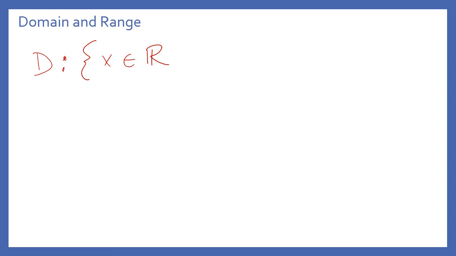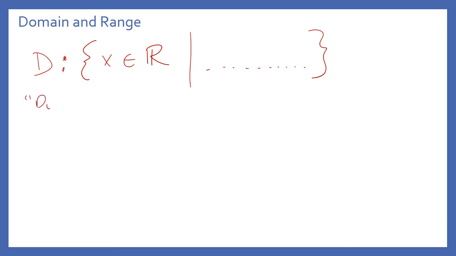So X, that E looking symbol, and then a capital R, and then a line, and then you fill in after that what you need to fill in. It's completely dependent on the function, how you write that. Usually with inequalities, but sometimes you can list the coordinates. And we're going to do some examples. So that's domain, and how you read that.